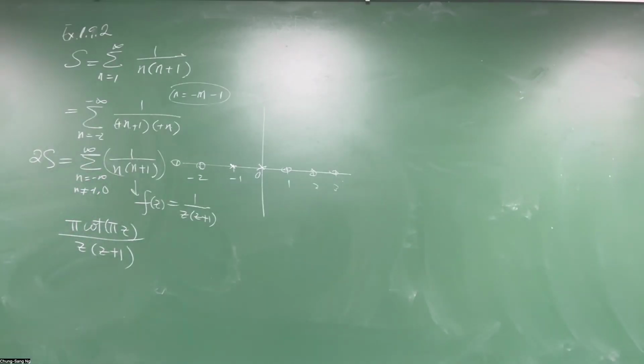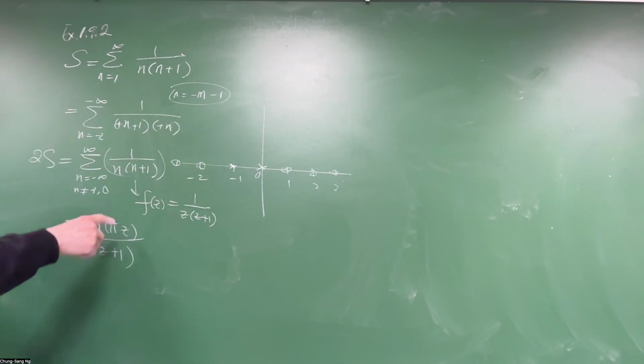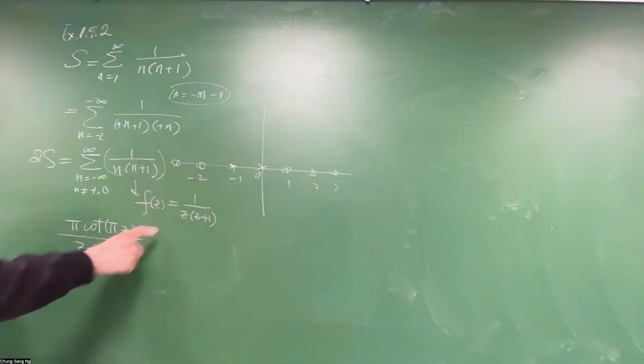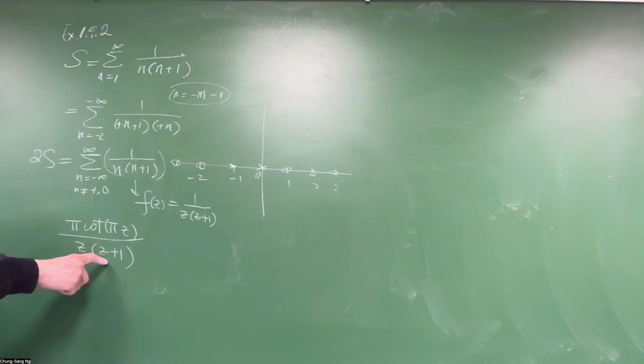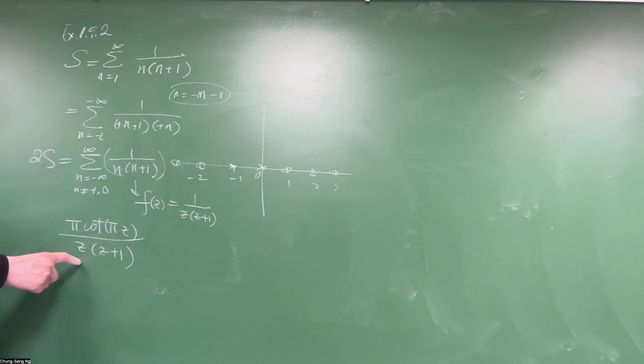So what remains is the residue at 0 and minus 1 in this case, but they are second order poles because they are both poles of cotangent and zeros of the denominator. So those are second order poles.